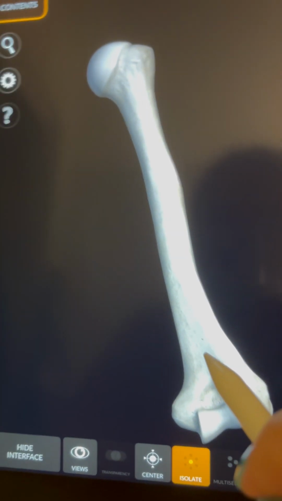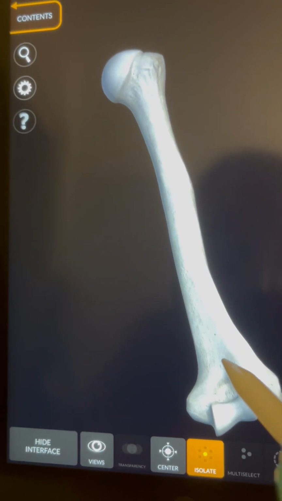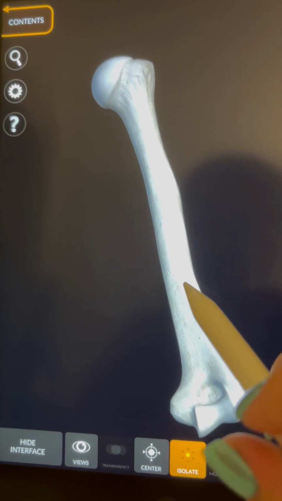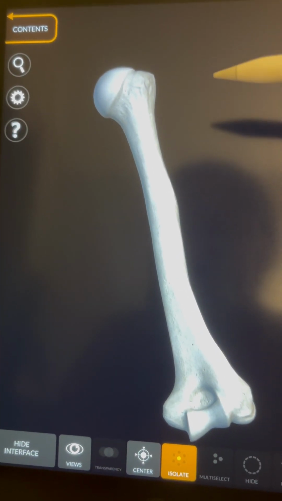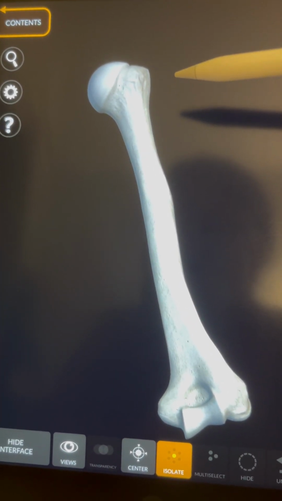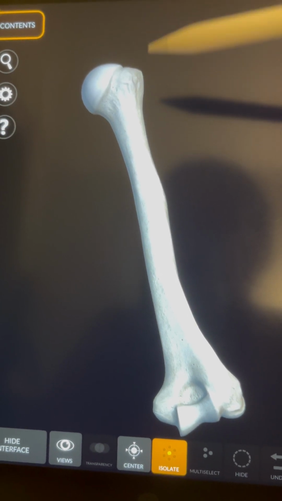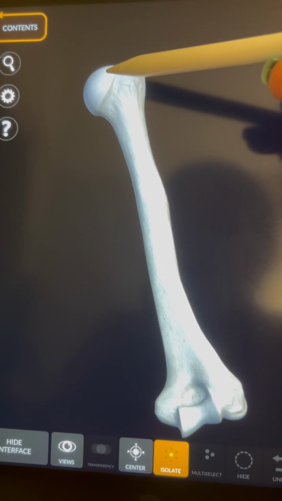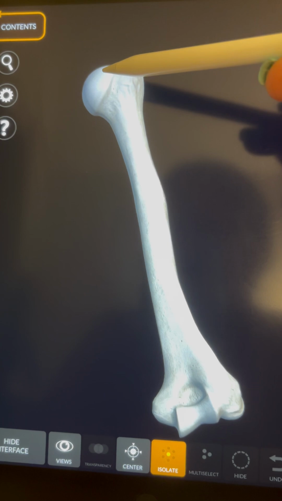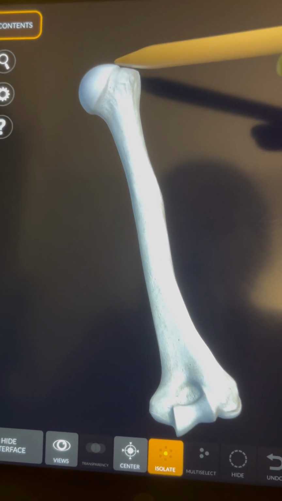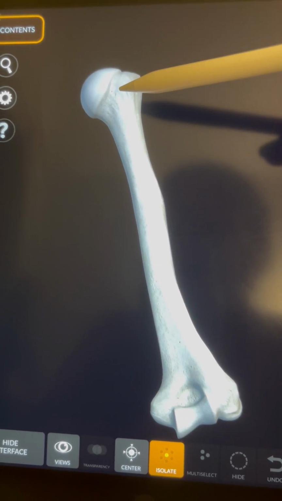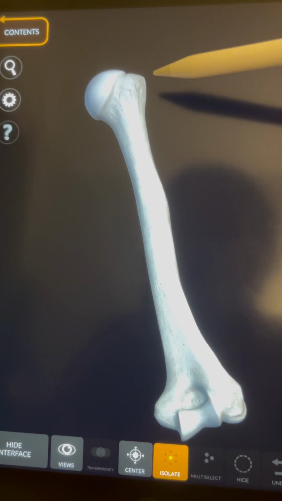And yeah, some common injuries that I like to speak about are a dislocated shoulder. Basically, a dislocated shoulder is when the head of the humerus and the glenoid cavity of the scapula disarticulate.